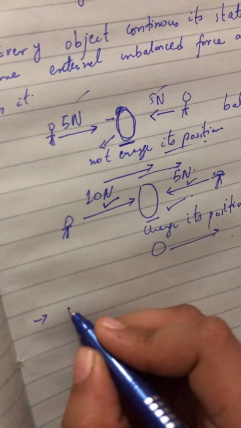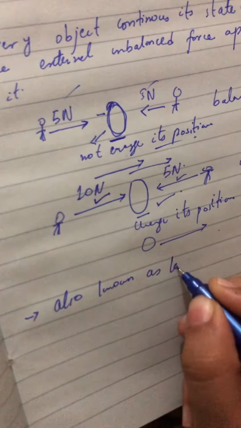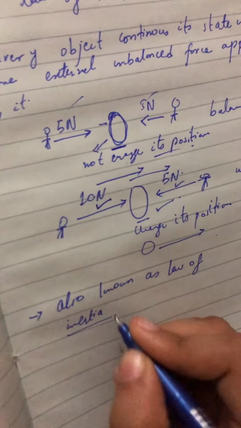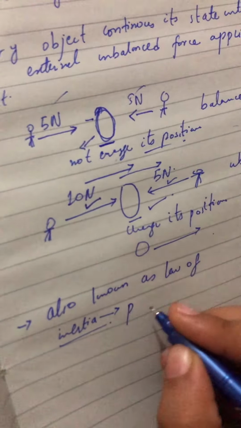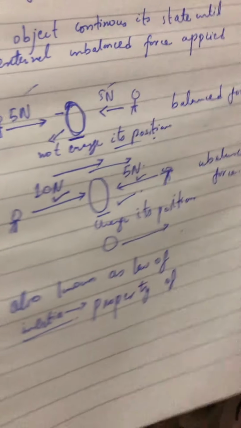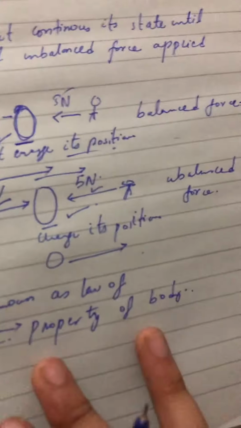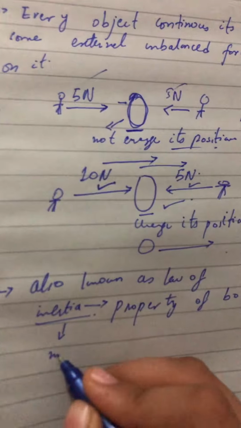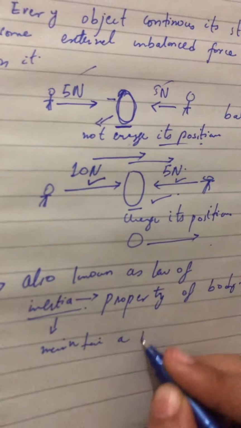Now this law is also known as the law of inertia. Why? First of all, what is inertia? Inertia is a property of a body, which maintains the position of a body.